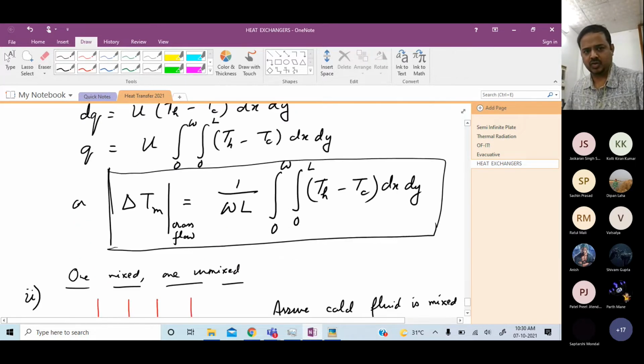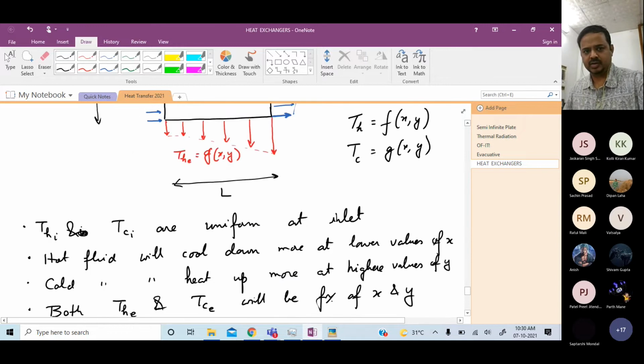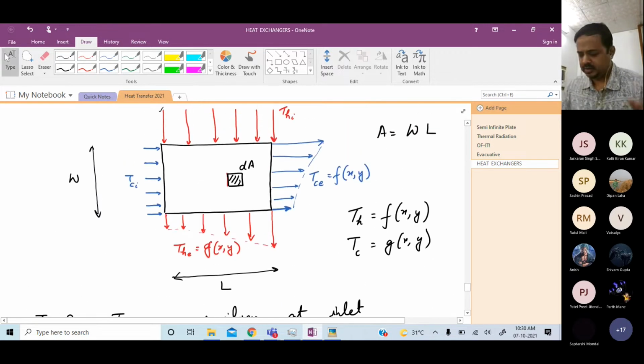Actually, I was wrong, can you please make a small correction? The exit is only going to be a function of y.